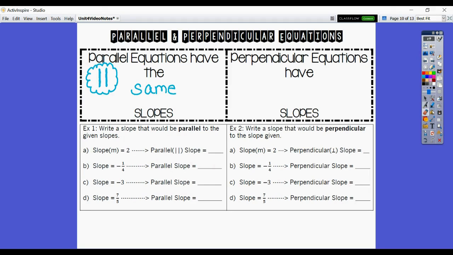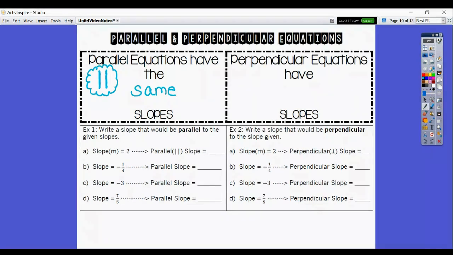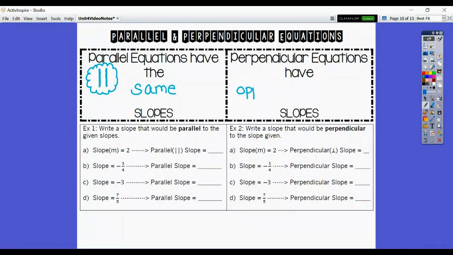For perpendicular equations, they are going to have both opposite and reciprocal slopes. When I talk about opposite, I mean that we are going to change the sign. So given the slope, we will change signs on it. By reciprocal, I mean that we are going to flip the fraction.